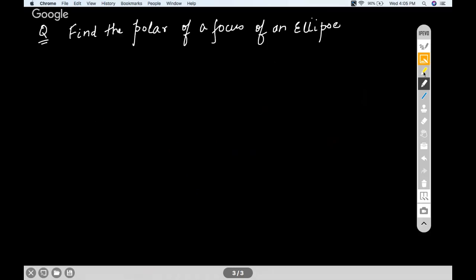Very simple question. You should all be able to answer this. If the pole is your focus, then what is the polar? Please feel free to type in your response in the chat box.